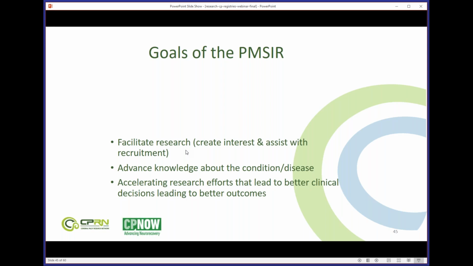So when you can take the 1,400 patients in the world and you can get 1,000 of them in one database, then you really have something that's more publishable. And the final bullet there is accelerating research to lead to better clinical decisions and better outcomes. And I think, as your webinar series topics have pointed out, those are obviously very important to your community.